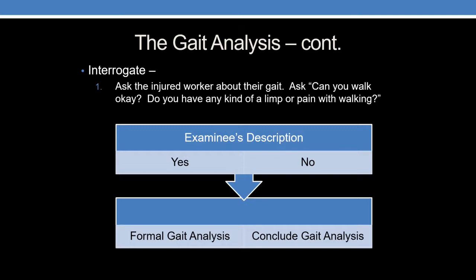If you don't observe a gait disturbance and the injured worker themselves denies any type of gait disturbance, then basically you're done. If the examinee, on the other hand, does admit to some type of gait disturbance or a limp or a pain, then that's something you're going to have to investigate a little bit later, more formally, in your formal gait analysis.